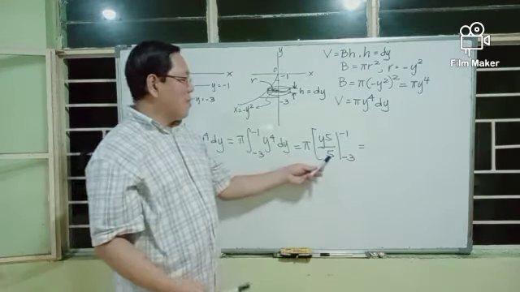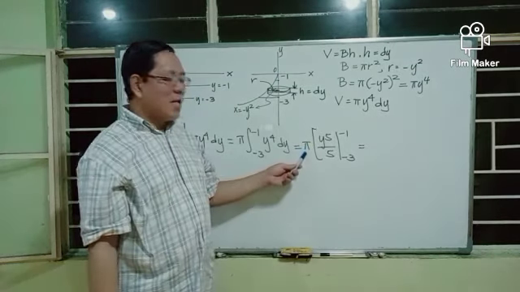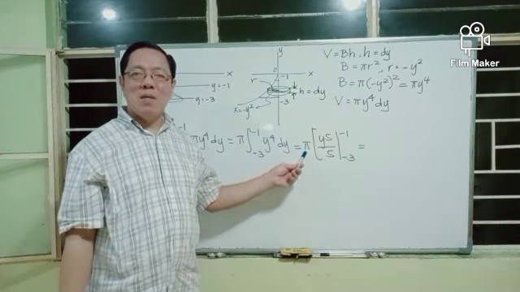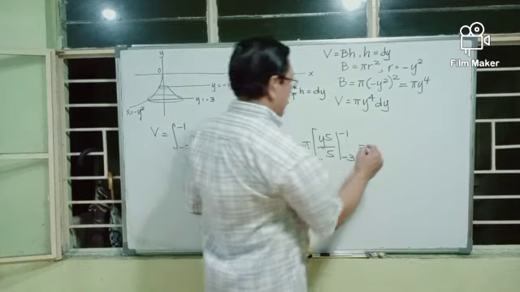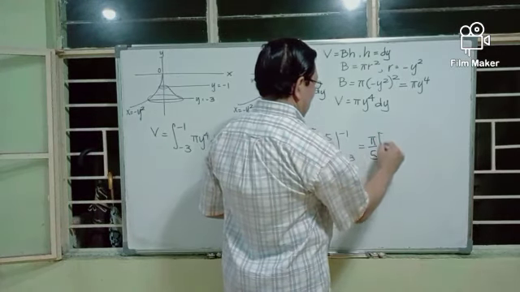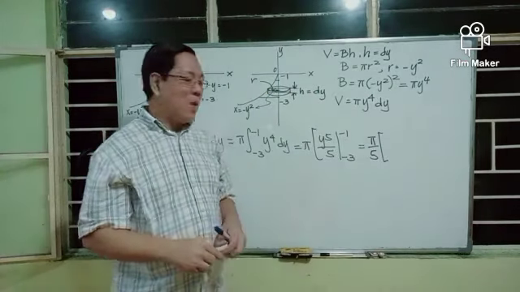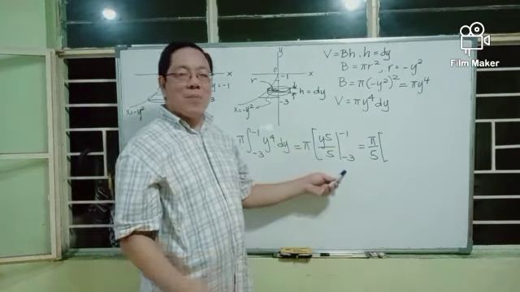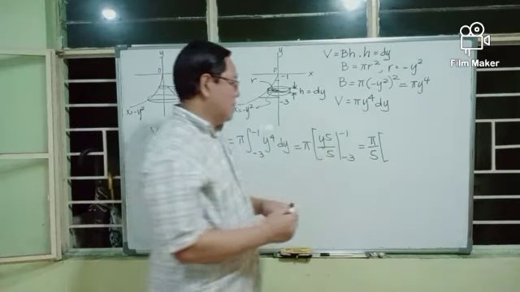Again, 1 over 5 is a constant. We multiply that by pi, we get pi over 5. Hence, we evaluate y raised to 5 from negative 3 to negative 1.